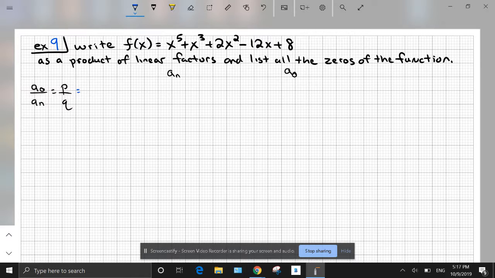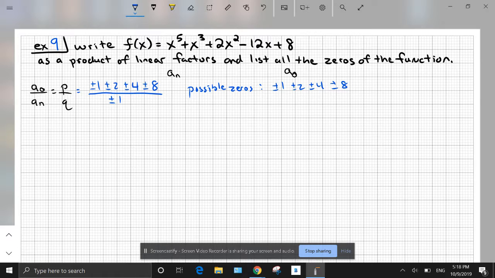So we write the factors of 8. That's plus or minus 1, plus or minus 2, plus or minus 4, plus or minus 8. The good thing is that our leading coefficient is 1, so the factor for that is just plus or minus 1. So our possible zeros are plus or minus 1, 2, 4, and 8.